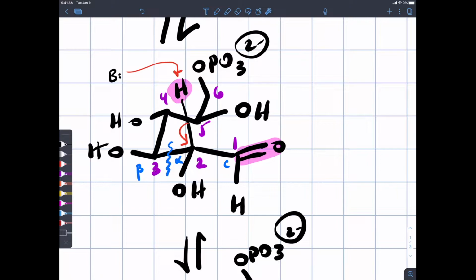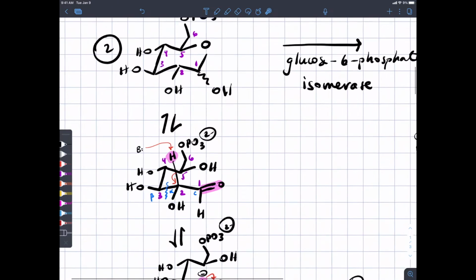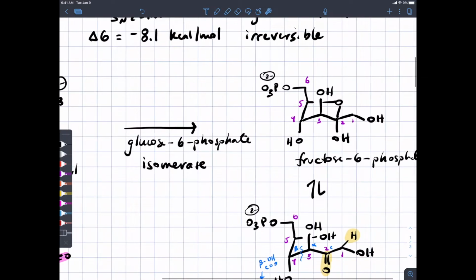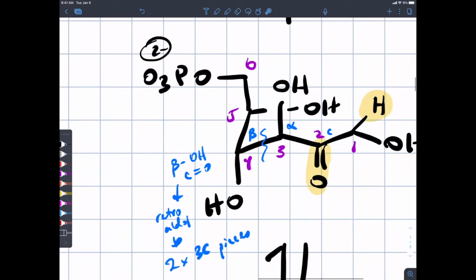We want 2 pieces equal in number of carbons so that we don't have to have separate downstream enzymatic machinery to deal with those 2 different products. So notice the difference between the aldehyde and the ketone. In fructose, because we have the ketone on carbon 2, this is also a beta hydroxycarbonyl compound.